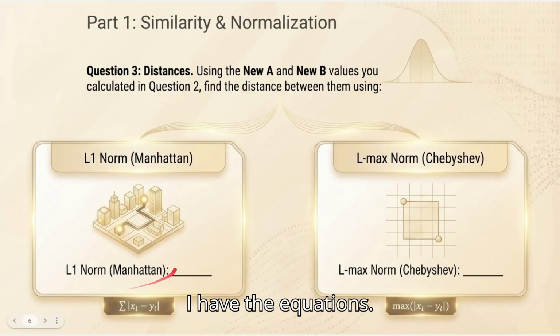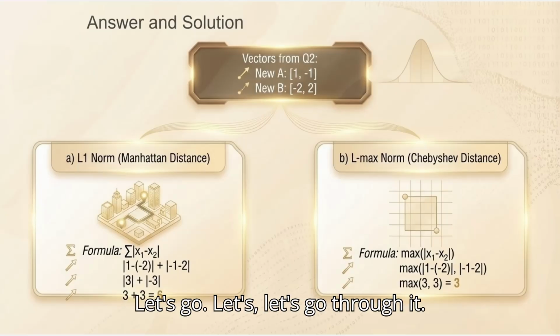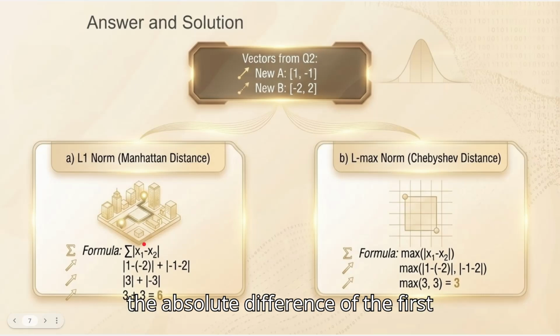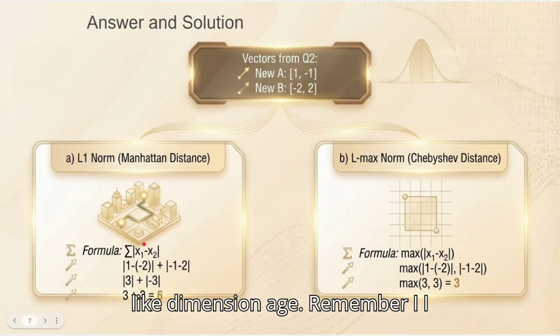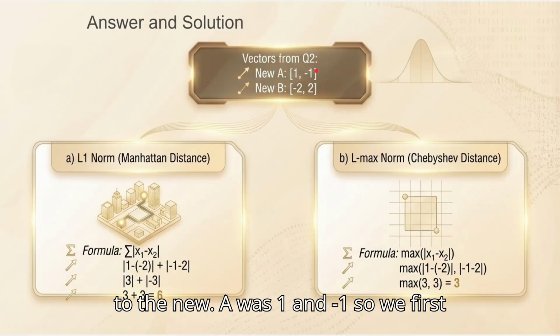I have the equations down here. So let's go through the answer. First for L1, we take the absolute difference of the first dimension, age. Remember, I wrote them up here too from part two. The new A was 1 and -1.